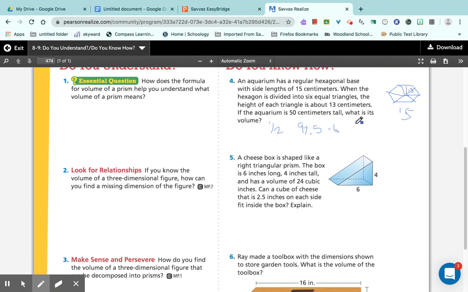So first part is 585. Okay. Then you have to find the area. So then we have 585 times 50 because it says if the aquarium is 50 centimeters tall. So 585 times 50 will get you the answer.